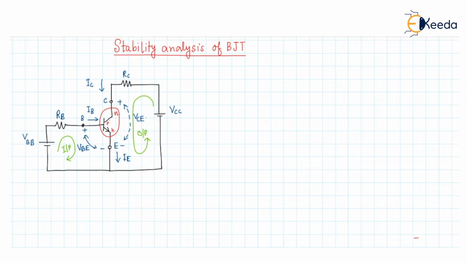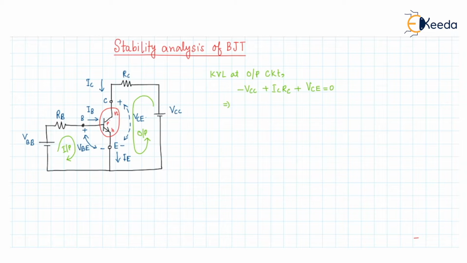If we apply KVL at the output circuit, then we will find that minus VCC plus IC into RC, that is the drop across the RC, plus the collector to emitter voltage VCE, equals 0.